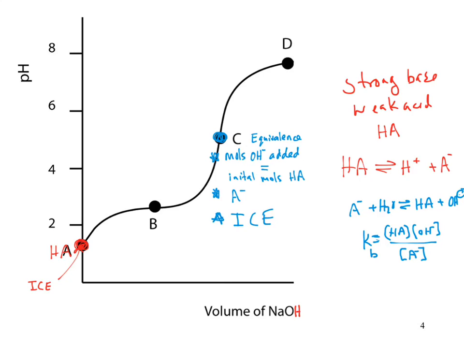How do you know you've gotten to point C from A? What had to happen? pH had to go up. How did the pH go up? You added a strong base to a weak acid. What do strong bases do? Completely dissociate into the ions.